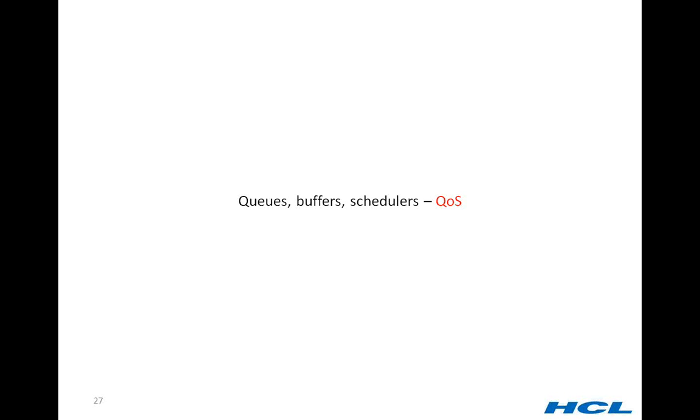And of course, buffers, which is all about memory management. Here the buffer management is slightly different from the operating system's buffer management. In the operating system, each process will request a particular amount of memory, and right up front, the process will be granted or denied based on availability.